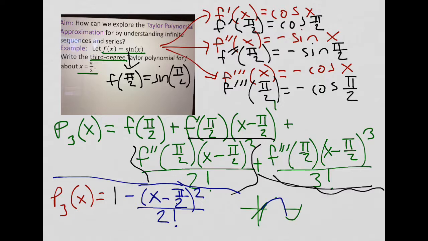There's sine, there is the parabola that opens downward, there's our center, there's 1, that would be pi over 2. And so this is a really good approximation for a curve as long as it's near our center. That's why it's so important to have that there.